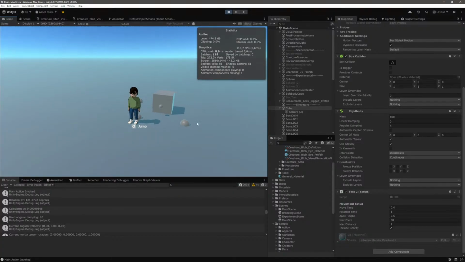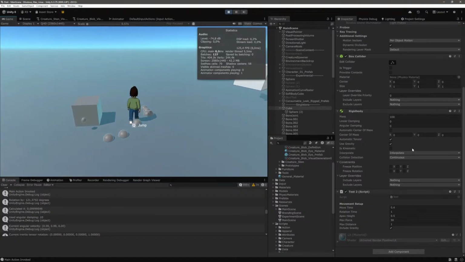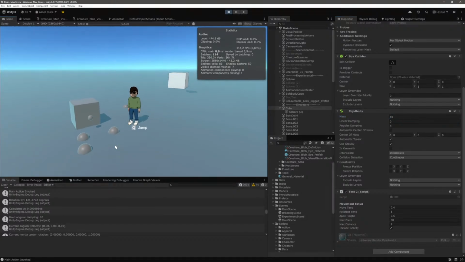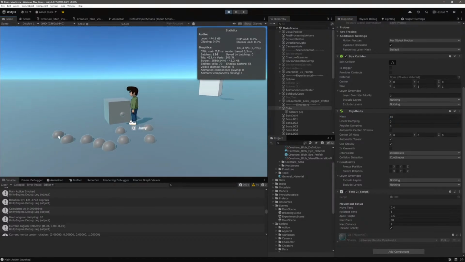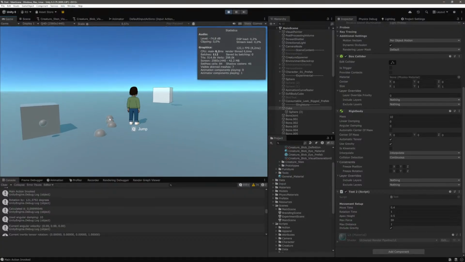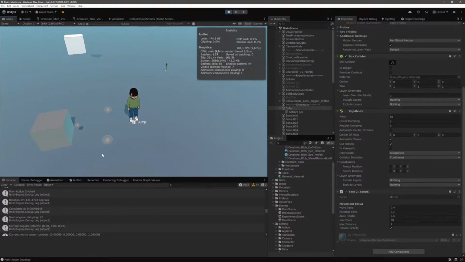I'm getting a very, very, very tiny rotation. And rotation time 0.1, and we're getting more.